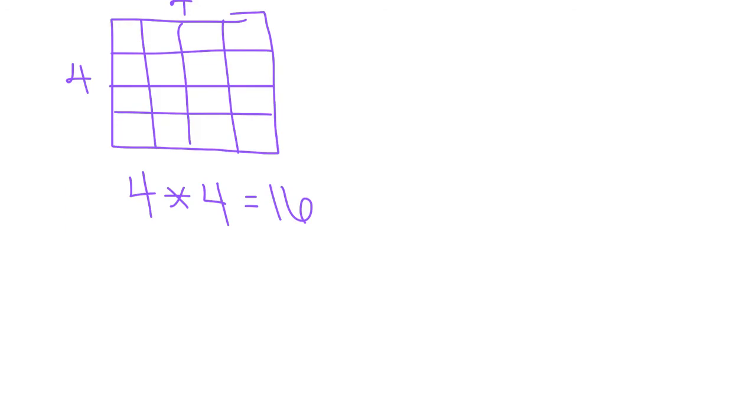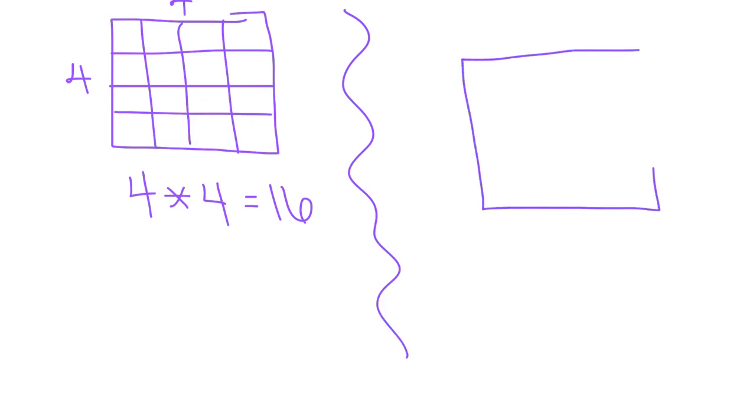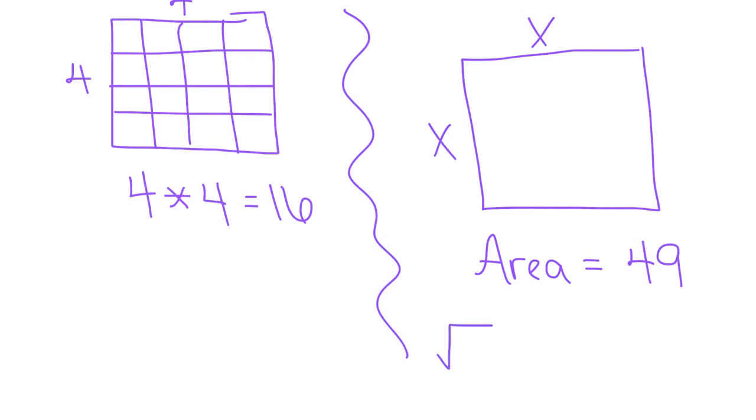It's made of 16 boxes, but if I went backwards and said, here's my square, and it has an area equal to 49, how big are the sides? You could use the square root key to find this out, because the square root of 49 is 7. So each side would be 7, because 7 times 7 is 49.